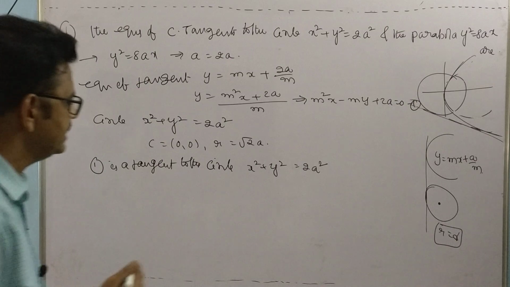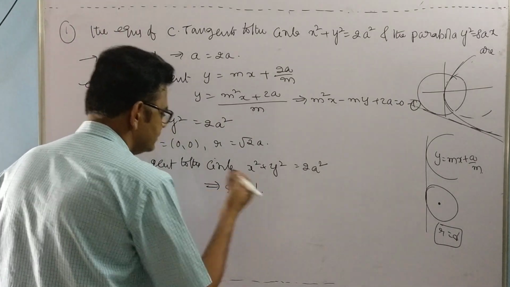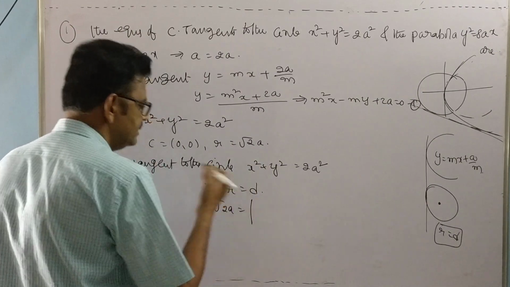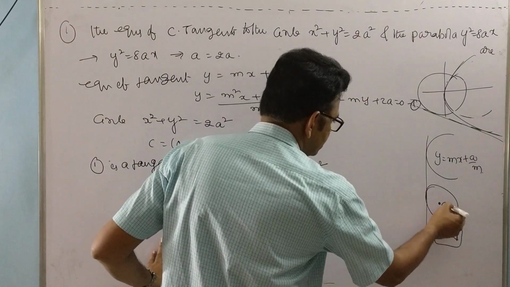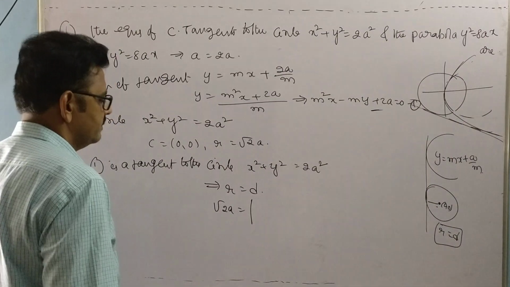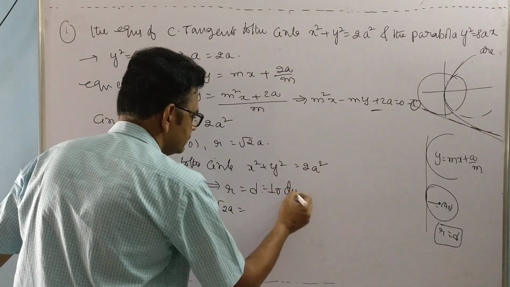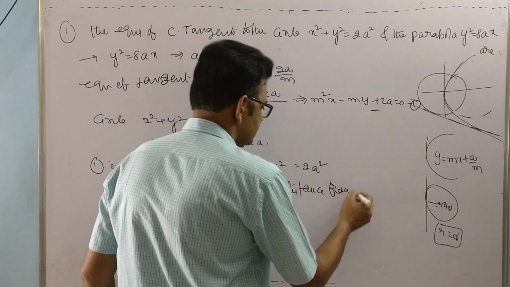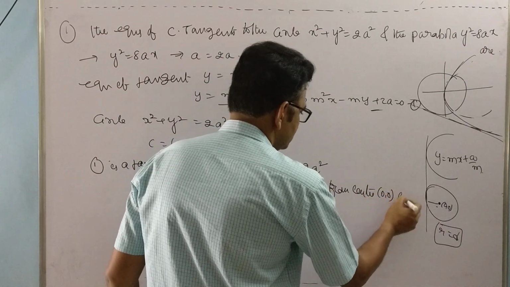Tangent to the circle implies the condition for tangent is what? r is equal to d, where r is root 2a. d is length of the perpendicular from center 0, 0 to this tangent. So d is perpendicular distance from center 0, 0 to the line 1.